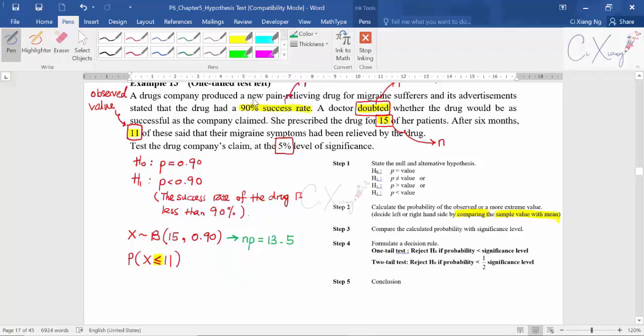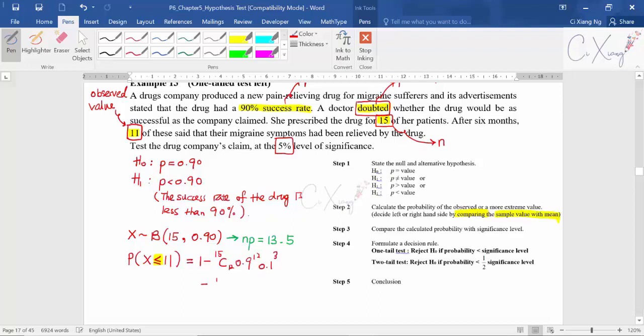So you need the basic common sense on binomial distribution. x smaller equal to 11 means that you need to calculate from 0 until 1, 2, 3, 4, 5, 6, 7, 8 until 11, which is a very long step. So you can take 1 minus 12, 13, 14, 15. So 12 means 15C12, 0.9 power 12, 0.1 power 3.